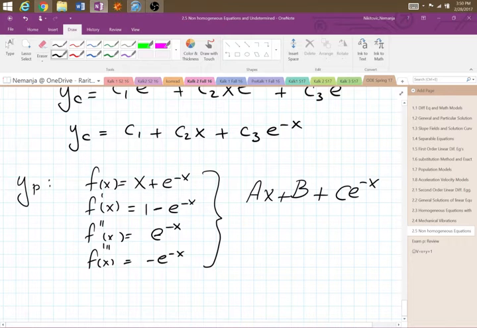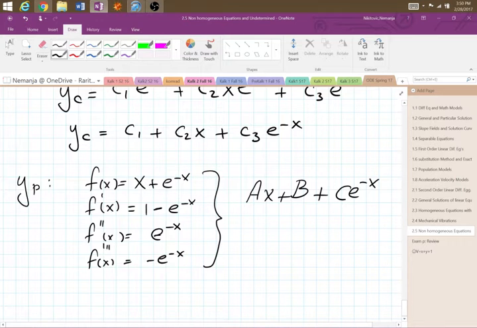But now we have issues because all of these duplicate what we already have. You see, b is duplicating c1, ax duplicating c2x, and c e to the minus x duplicating this. It's just they're not called c1, c2, c3, they're called a, b, c, but they all duplicate that.